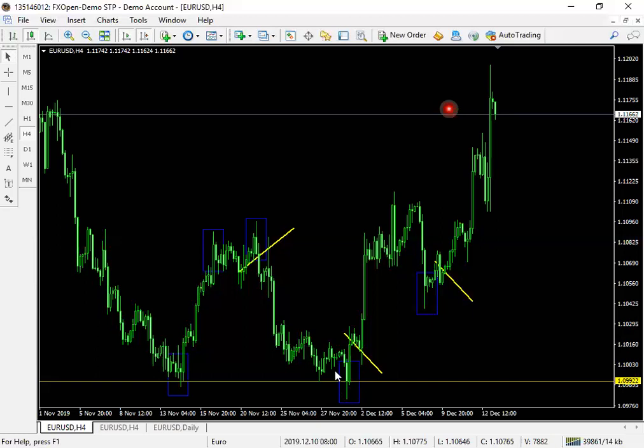Now we had a hint in a candlestick pattern that usually develops on the 1 hour time frame, as it does on the 4 hour, weekly, monthly.